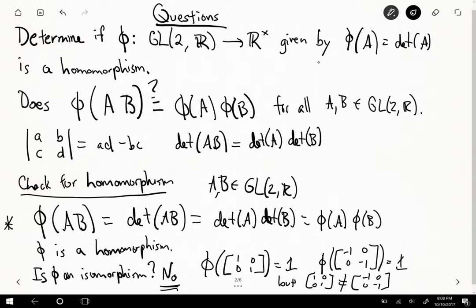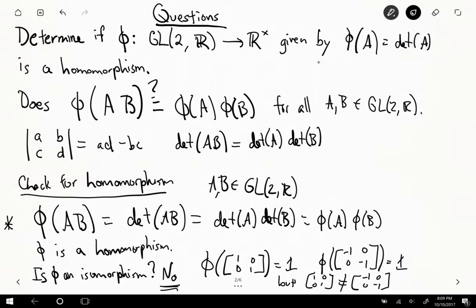Phi of AB equals all this line, finish it with a period, hence phi is a homomorphism, and you're done. Just because what you're seeing here is a sketch doesn't mean it's the final write-up. This is the rough draft for figuring out an answer, and then we have to do a rewrite in order to actually submit something. So keep that in mind when writing these up as well.